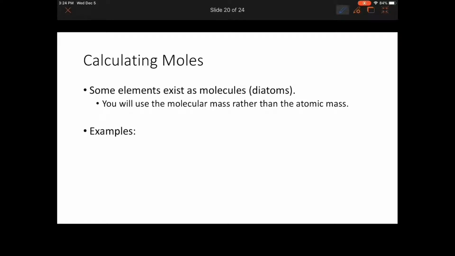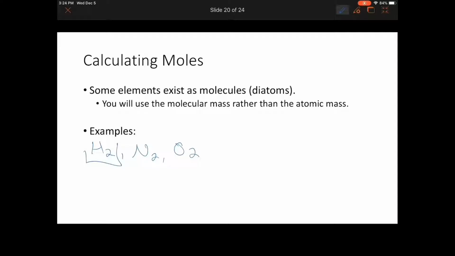There is a little wrench to play with this. Some of the elements that we have on our periodic table exist as molecules, or what we like to call diatomics. If you're going to use this as your calculation, you need to use the molecular mass for this rather than its atomic mass. So some examples of a diatomic would be hydrogen, nitrogen, and oxygen.